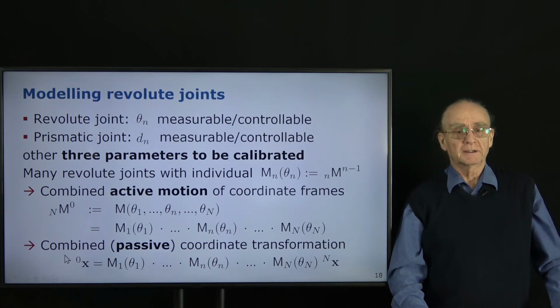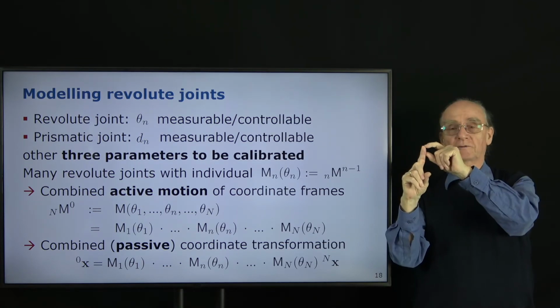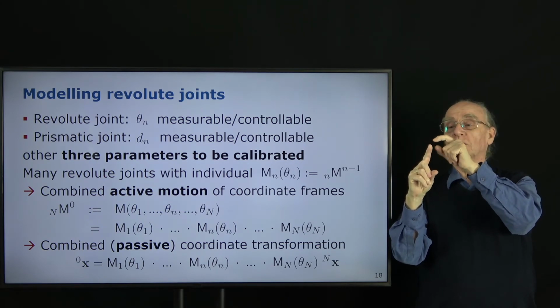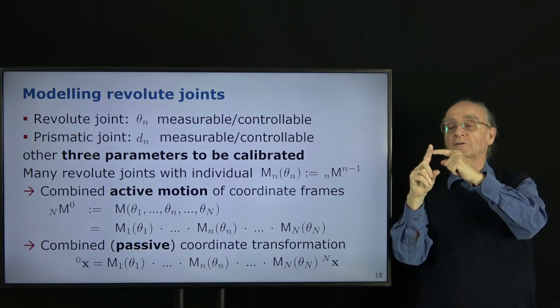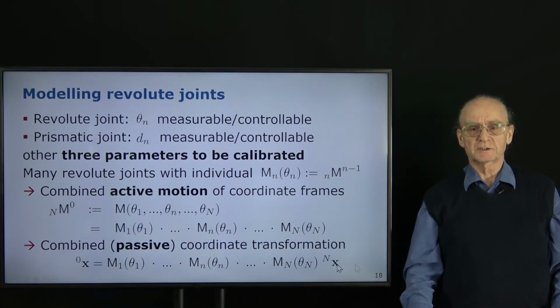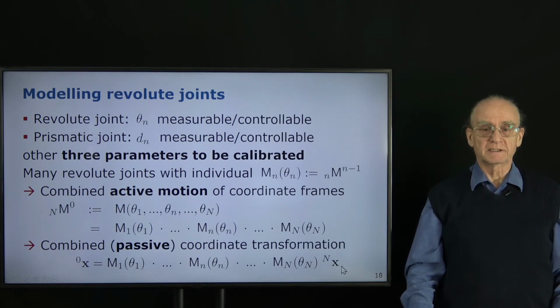We also can have a combined coordinate transformation. Let's assume we have the end effector, like my finger. We need to describe the position of this point in this local coordinate system. So this is about, let's say, 15 or 20 centimeters.